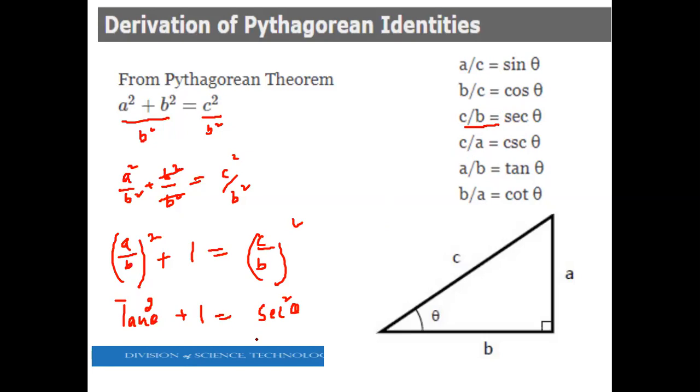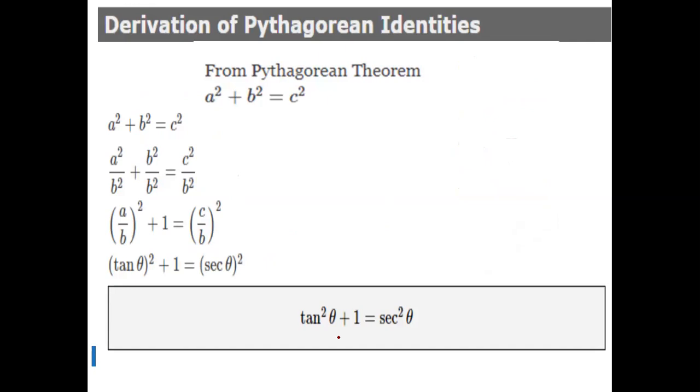You can derive more formulas from this one. For example, we have tangent square theta plus 1 is equal to secant square theta. If you transfer 1 to the other side and secant square theta to the next side, tangent square theta minus secant square theta is equal to minus 1.